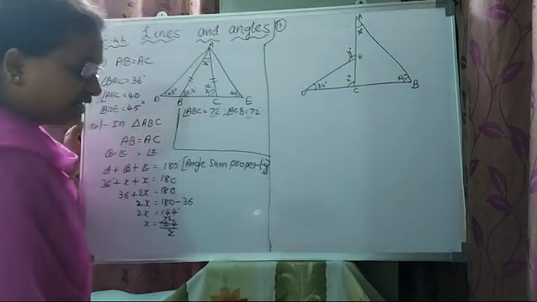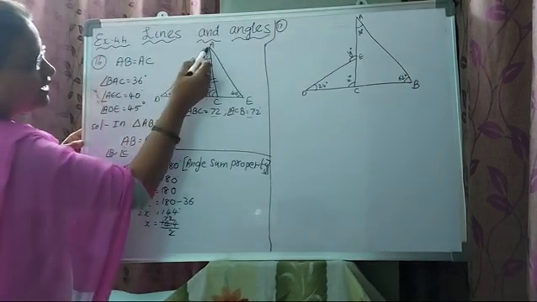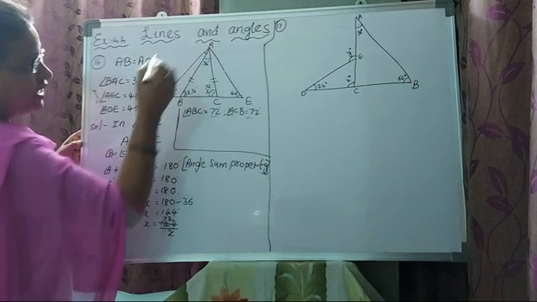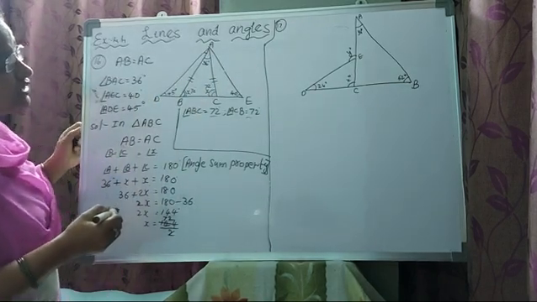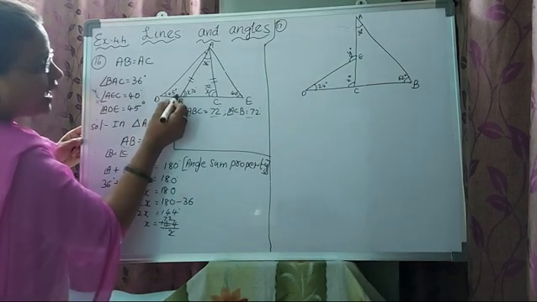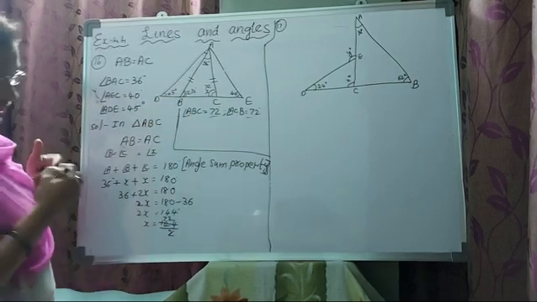Next one, angle DAB. We have to find out this angle. See here, these two angles are a linear pair, no?